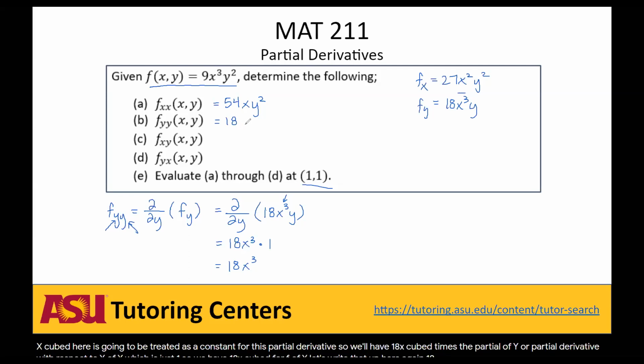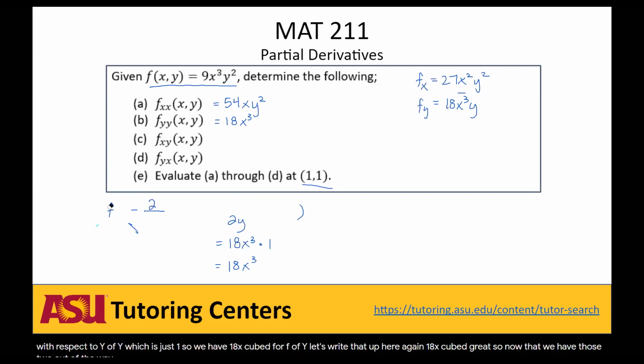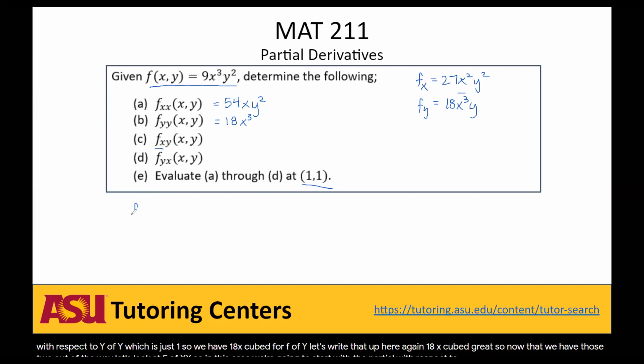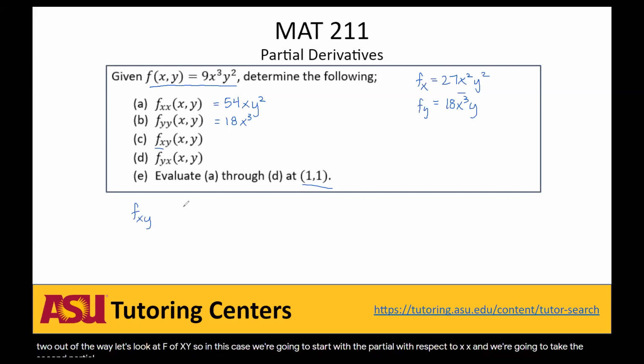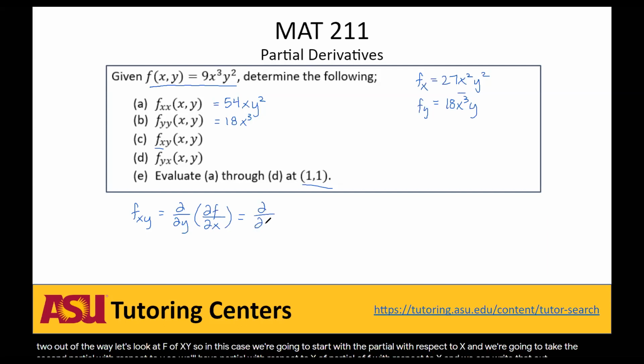18 x cubed. Great. So now that we have those two out of the way, let's look at f of xy. So in this case, we're going to start with the partial with respect to x, and we're going to take the second partial with respect to y. So we'll have partial with respect to y of partial of f with respect to x, and we can write that out explicitly.